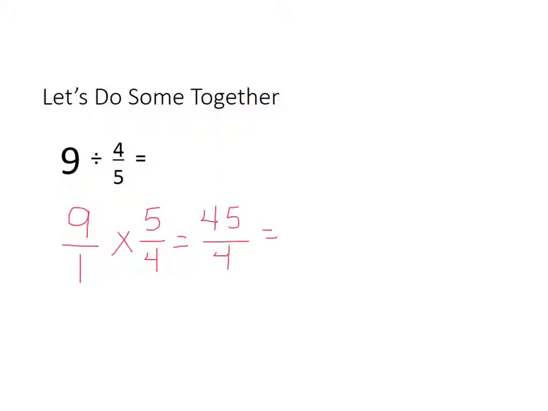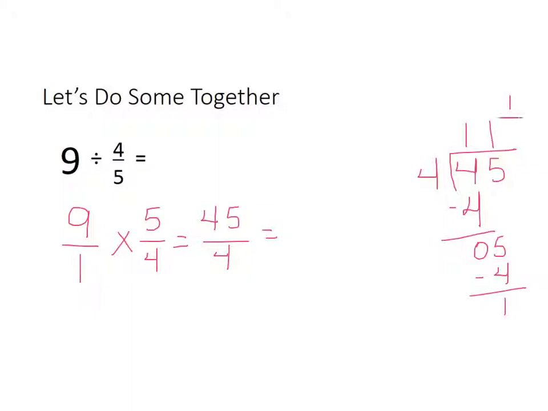Then reduce. In this case, it's improper, so we need to take the numerator divided by the denominator. 4 goes into 4 one time. Subtract, bring down. 4 goes into 5 one time. Subtract. Remainder is the numerator, divisor is the denominator. So we have 11 and 1/4.